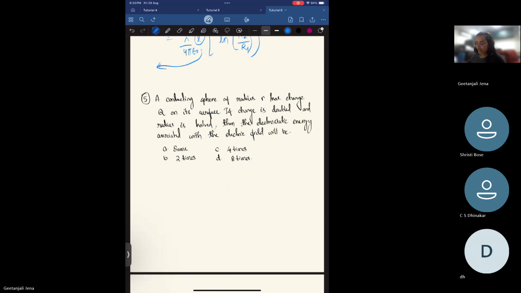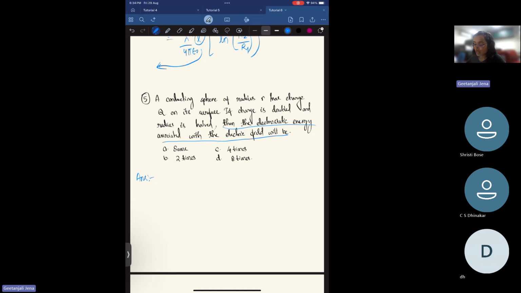The next problem is quite easy, so I will let you find the answer. The question is: a conducting sphere of radius r has charge q on its surface. If the charge is doubled and the radius is halved, what will be the electrostatic energy associated with the electric field?